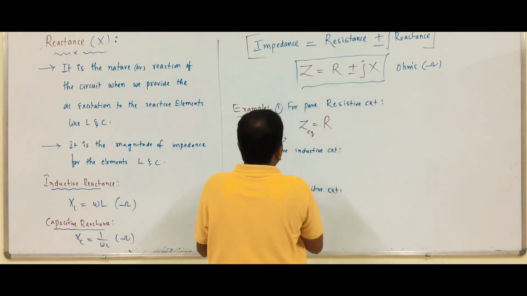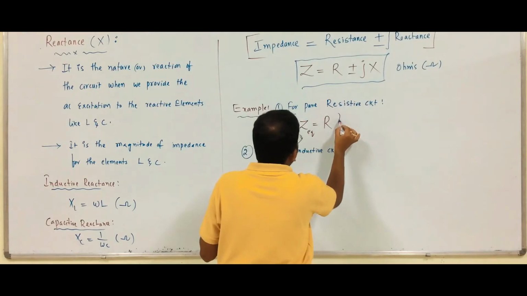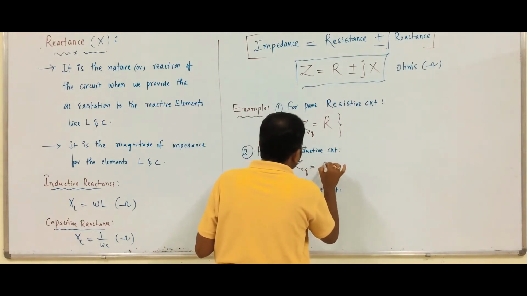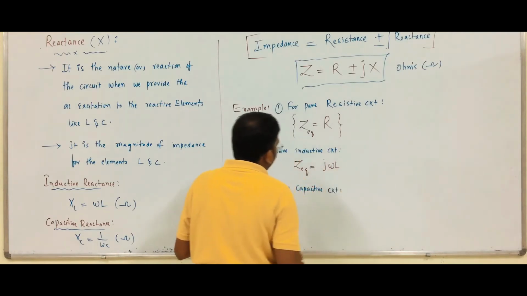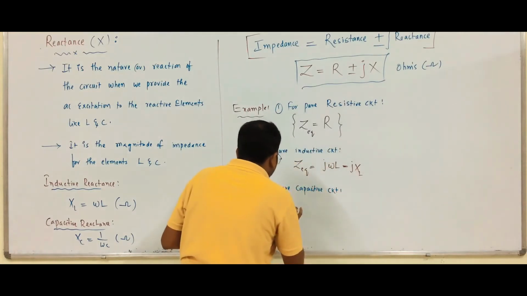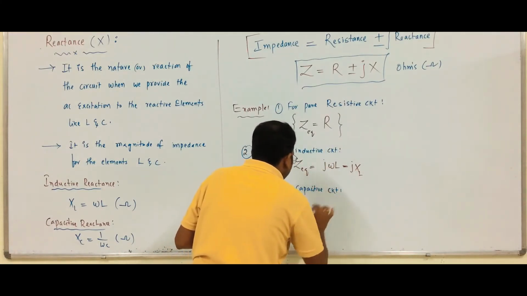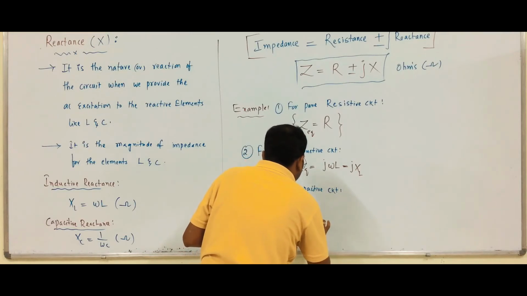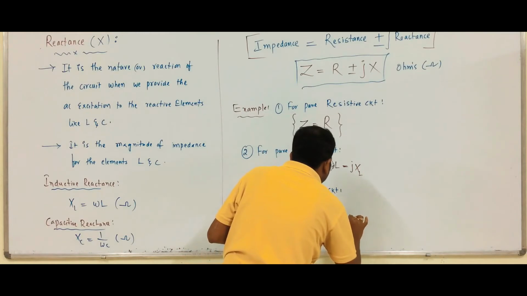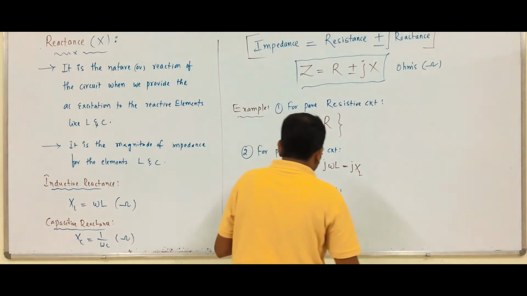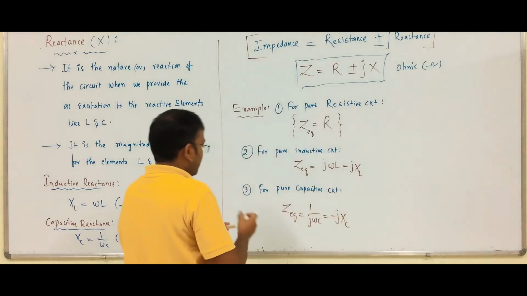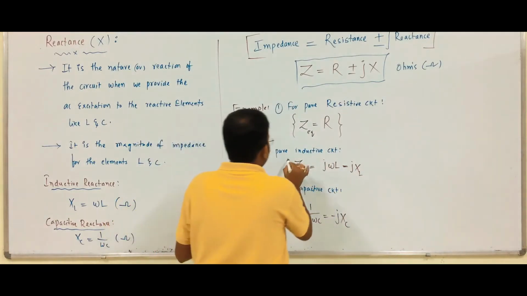For a pure resistive circuit, Z is equal to R only. For a pure inductive circuit, Z equivalent is equal to j omega L, which is nothing but jXL, right? For a pure capacitive circuit, Z equivalent is equal to 1 by j omega C, that is minus jXC, capacitive reactance.